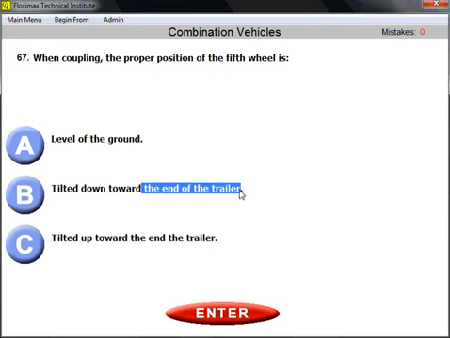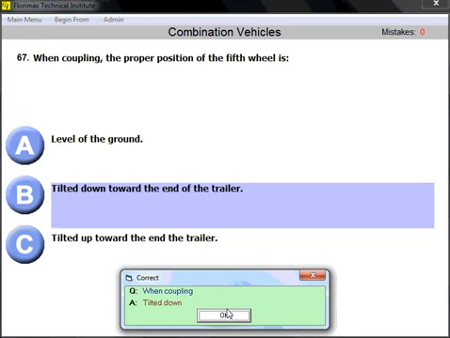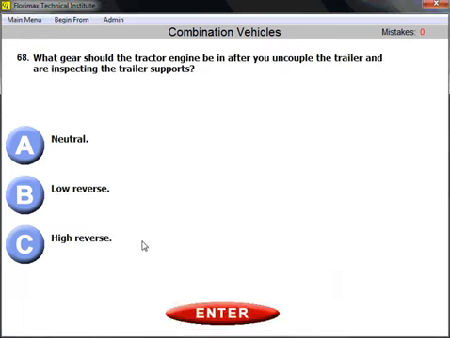Just figure out how the bobtail looks when you look at it from the side. The fifth wheel is tilted down toward the nose of the trailer, you may say. Tilted down, not forward, not horizontal.